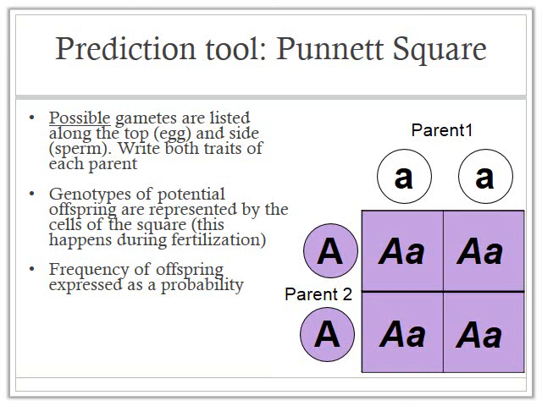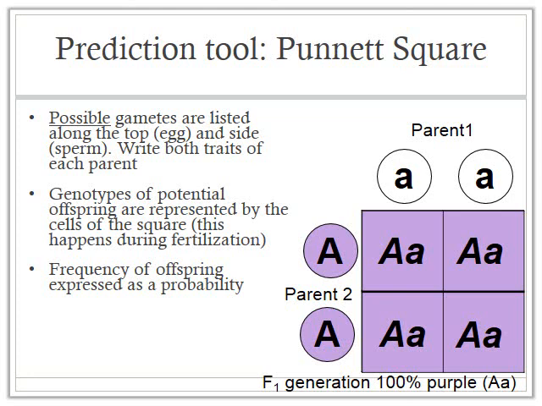If I asked you to mate these two, this homozygous recessive with a homozygous dominant, and then asked how many of the offspring are going to be purple, you would say this generation is 100% purple.